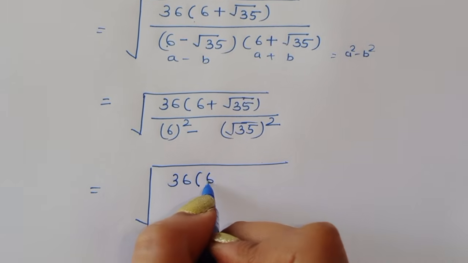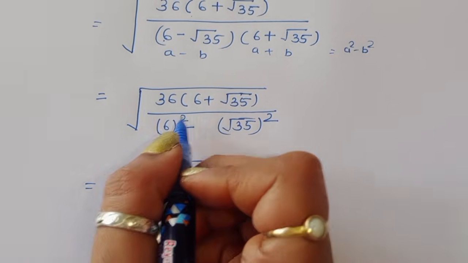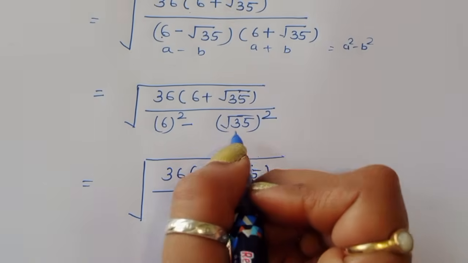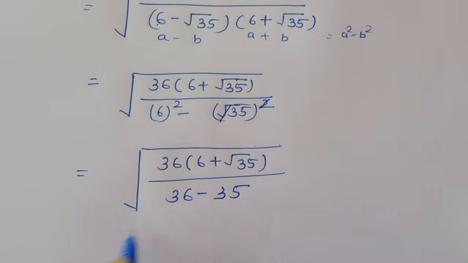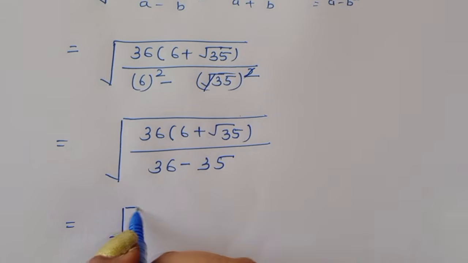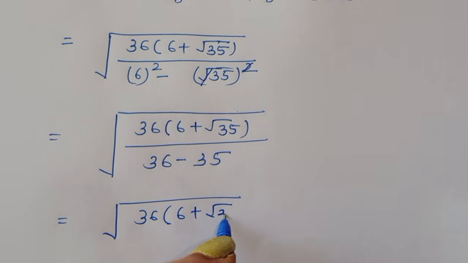So it equals 36 times 6 plus square root of 35 divided by 36 minus 35, since the square cancels the square root. Because 36 minus 35 is 1, it becomes 36 times 6 plus square root of 35.